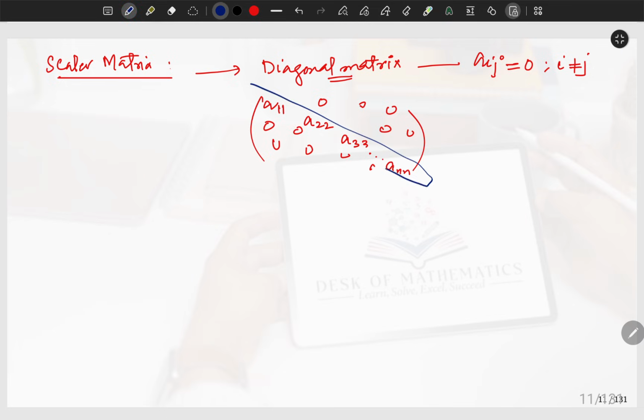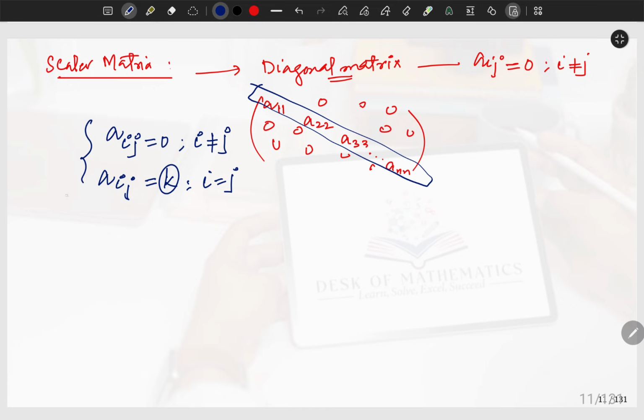Now, if all these principal elements are equal to some number, so if I say a_ij is 0 for i not equal to j, which is the diagonal matrix condition, and a_ii is equal to some number k for i equal to j, so that means those diagonal elements are equal to some number k, then this matrix is called a scalar matrix, like this: 1 0 0, 0 1 0, 0 0 1.